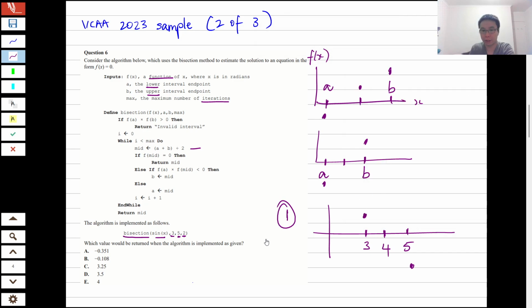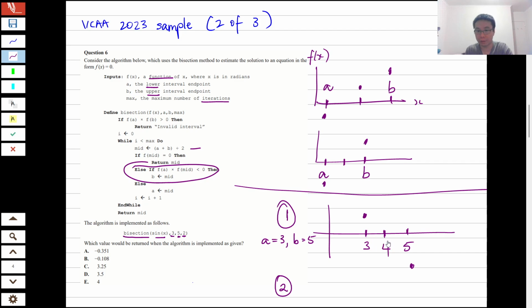So in iteration number 1, we have A equals 3, B equals 5. In iteration number 2, we will have B defined by this part of the code because the value of the function changed sign from 3 to 4.